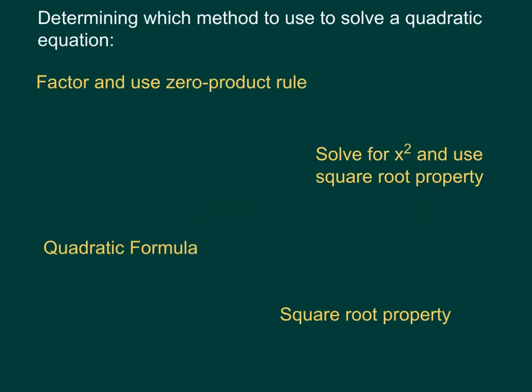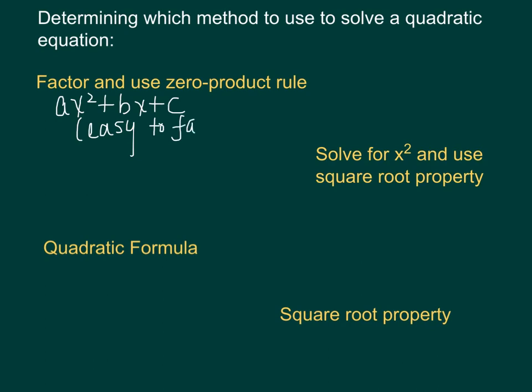Now that we've gone over the different methods to solve quadratic equations, factoring, completing the square, square root property, and quadratic formula, some people may need to know, when should I use which method? Well, you would factor and use the zero product rule if it's in this form, ax squared plus bx plus c, and it was easy to factor.